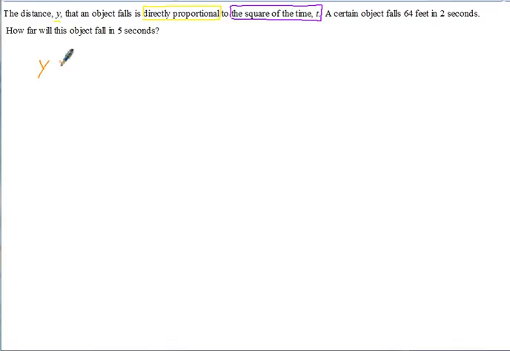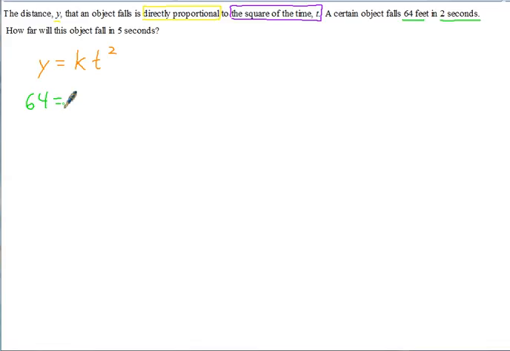So the distance y that an object falls is directly proportional, so it's k times, not t, but the square of the time t, so t squared. A certain object falls 64 feet in 2 seconds. Okay, so y is 64.